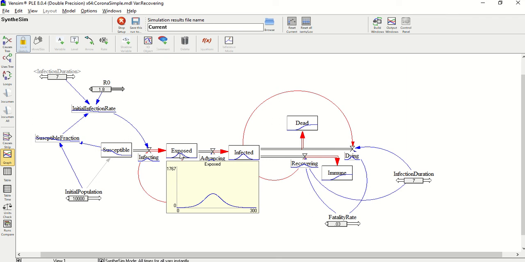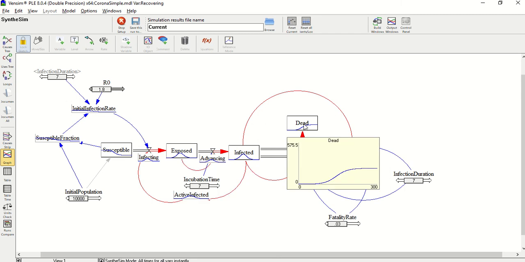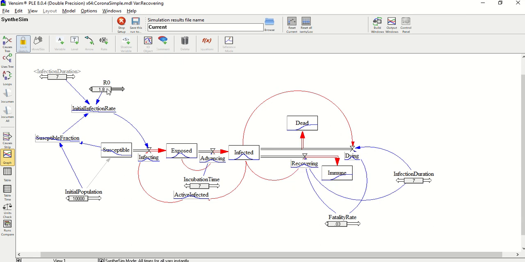And so, wow, that's not really the greatest that we wanted. Now it's still lots of infections. Did the dead come down when R0 went down? Let's go have a look at that. All right, so we're going to take that back to 3.3. That's been one of my concerns.